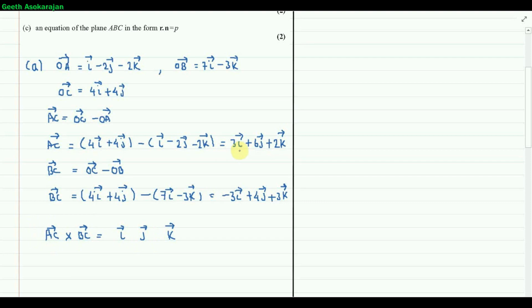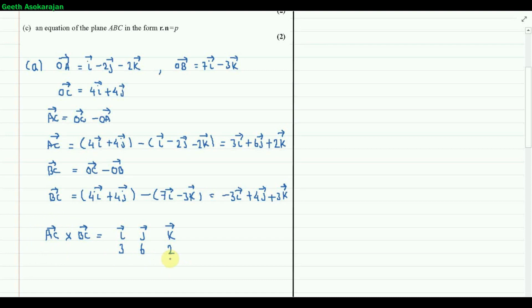So the coefficient of i is 3, so I'll write down 3 here. The coefficient of j in the vector AC is +6, and the coefficient of k in the vector AC is +2. Just to repeat, in the second row, the coefficients of i, j and k in the vector AC, as AC appears first.